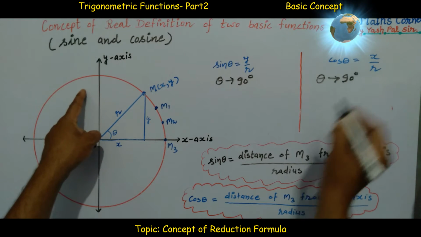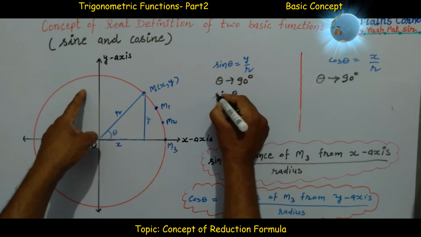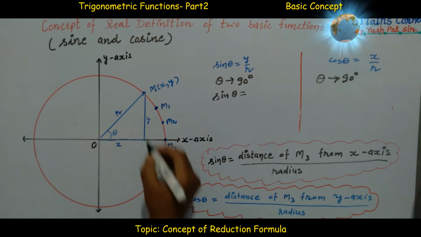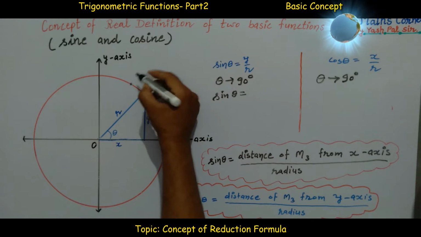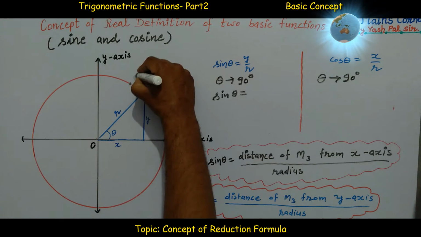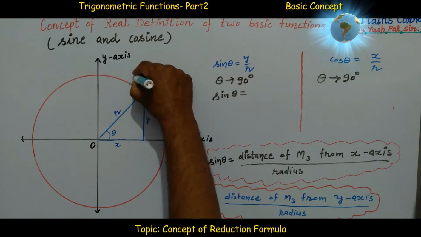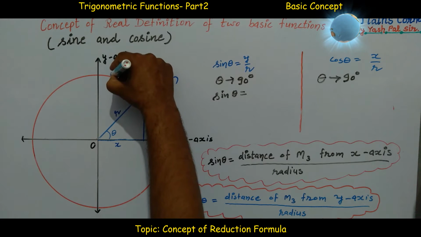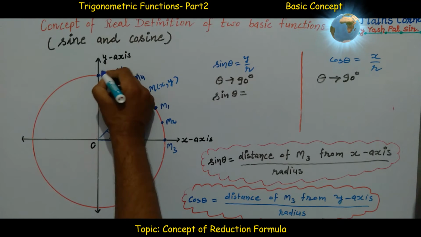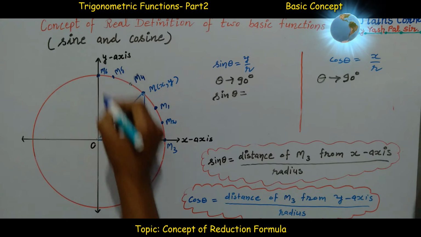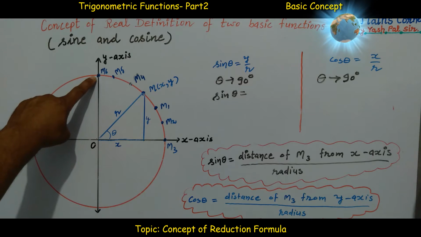What happens? Then sine theta is equal to, after M, suppose sometime this will reach here M4, next time this will reach here M5, lastly this is M6, suppose. Now M6, what is sine theta?